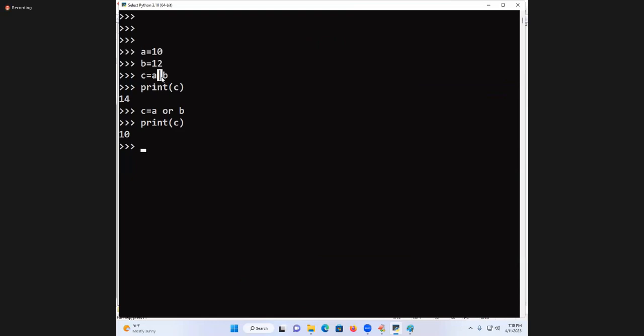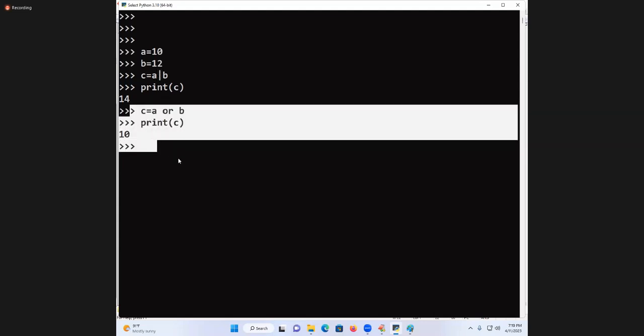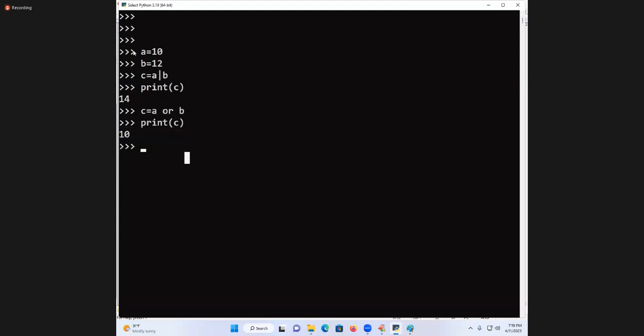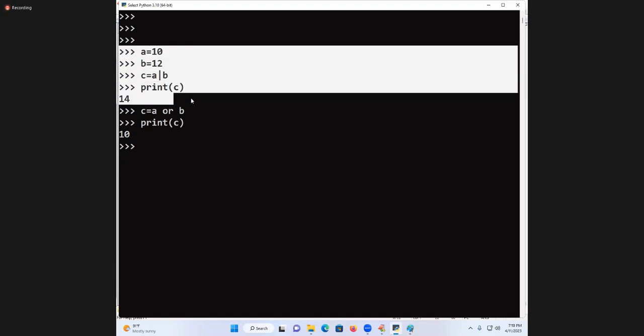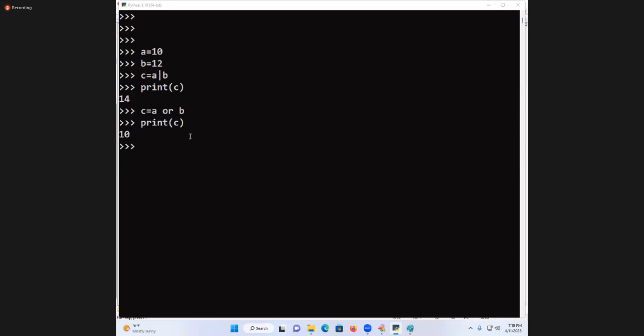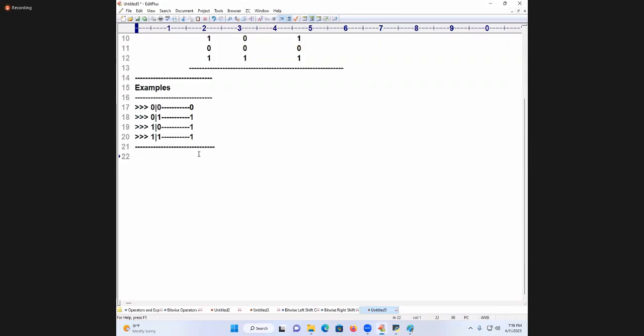They are completely different. If anybody says same, show this difference. Getting my point? Be careful, students. Bitwise OR is different from logical OR. I hope you got it.